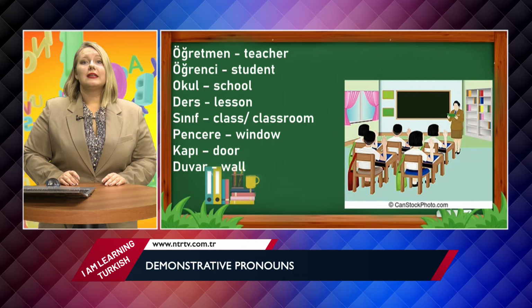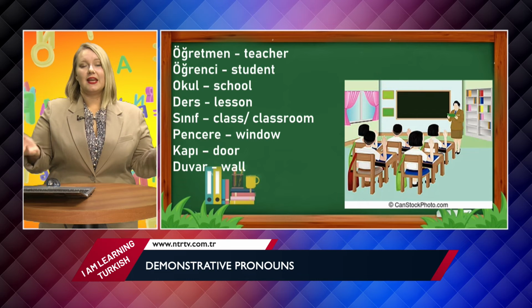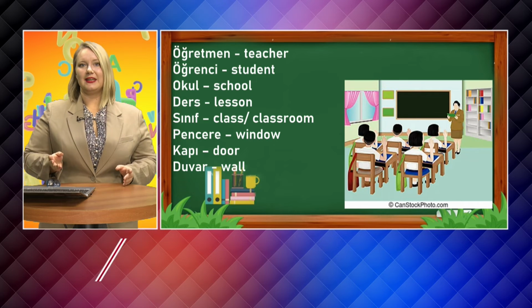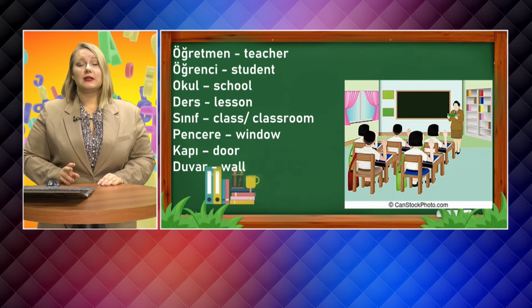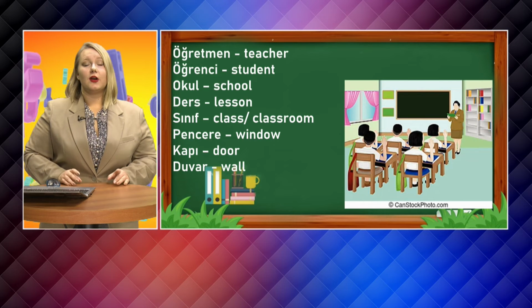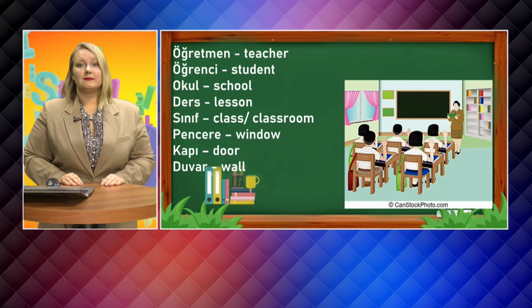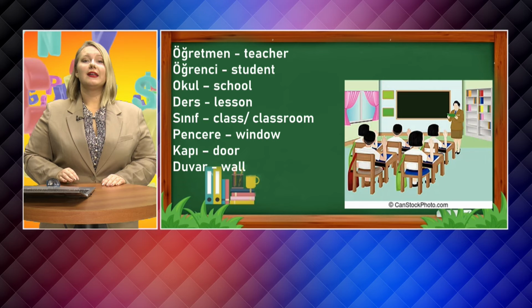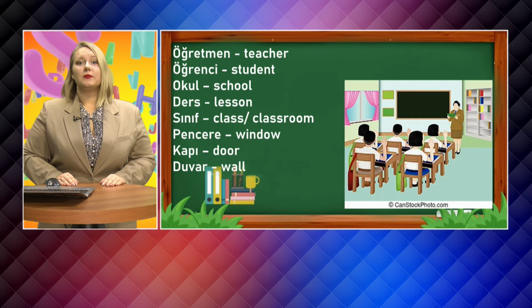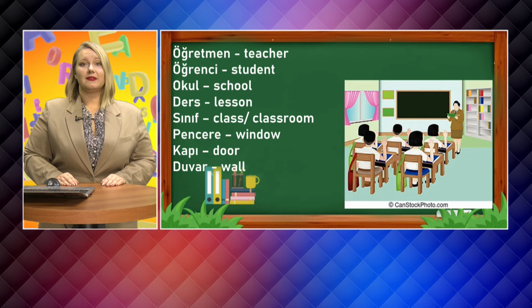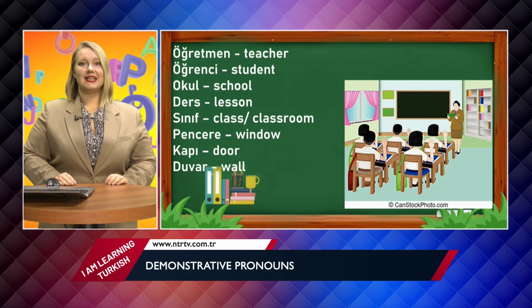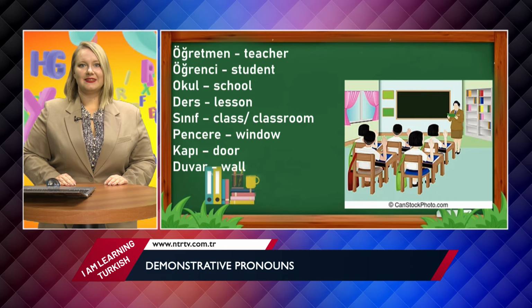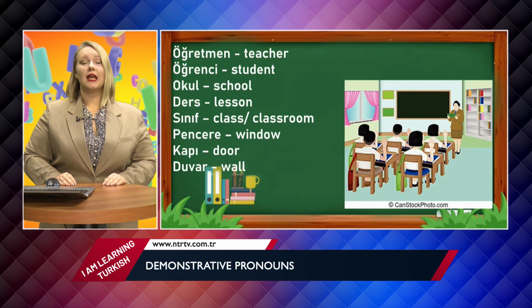Now, since we are on a lesson, even if it's on TV, we need to know how to name some concepts and objects related to lessons. First of all, since now you can call me öğretmen, teacher. You, my dear friends, are öğrenci, students.